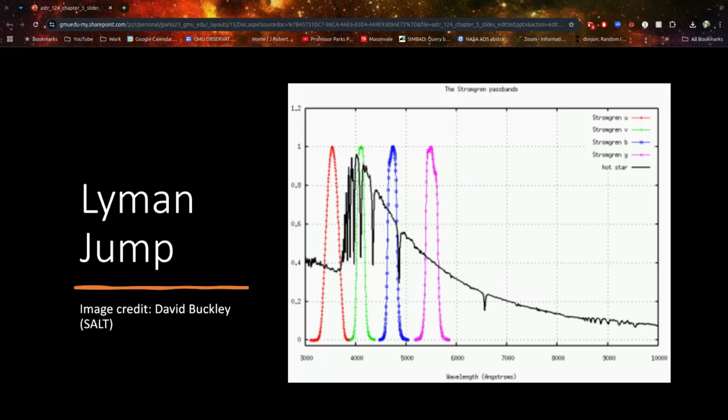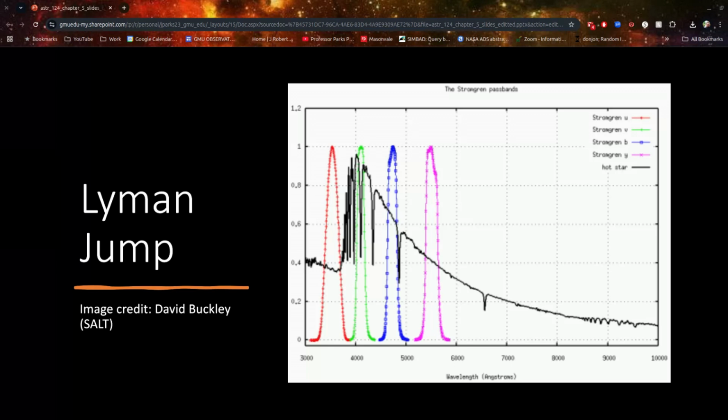Now, one of the reasons why we would want to use one system over the other, particularly a broadband to a narrowband, is that the Strömgren filter was designed for a specific purpose. There is a phenomenon which is known as the Lyman jump. This is where a star goes from short wavelength to long wavelength, so high energy to low energy. In the ultraviolet, the opacity of the star, or how easy it is for the light to get through the stellar material, is very high, or at least higher with respect to longer wavelengths.